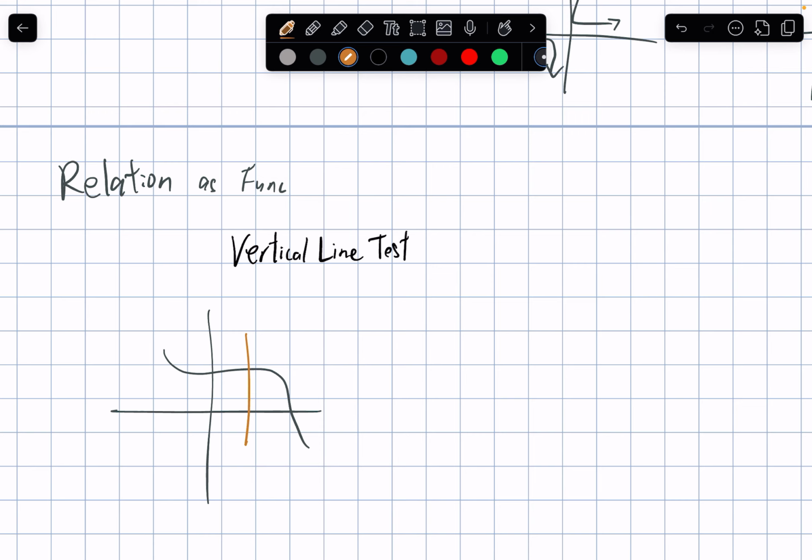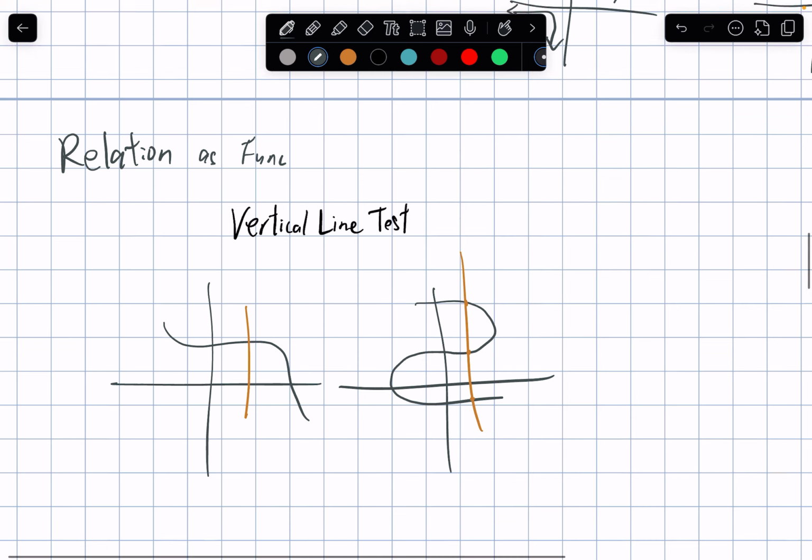If the graph only intersects once with a vertical line, then that's a function. Another example: let's say the graph looks like this. Obviously, it intersects not just at one point, but three rather. So that is not a function.